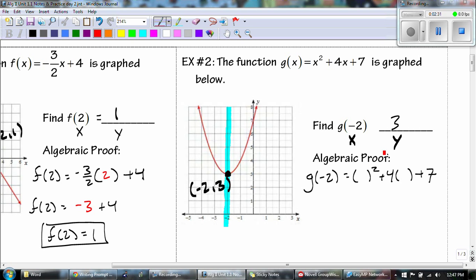So all I do is I plug in negative 2. We do order of operations. Negative 2 squared would be 4. Okay, after I do that, I would need to multiply 4 times negative 2, which is negative 8.